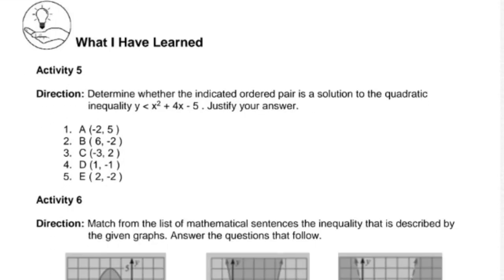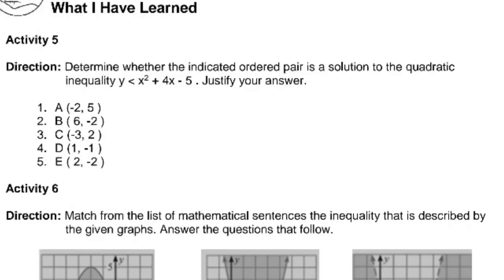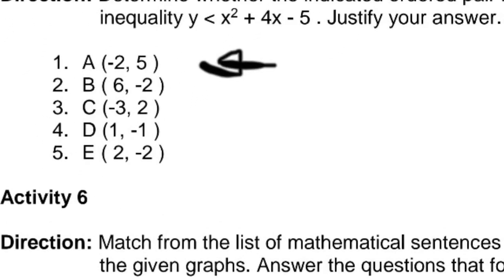Then what I have learned, activity 5, determine whether the indicated ordered pair is a solution to the quadratic inequality y is less than x squared plus 4x minus 5. Justify your answer. So what we're going to do here is substitute for x and y. For example, in number 1, point A with negative 2 as x, 5 as y.